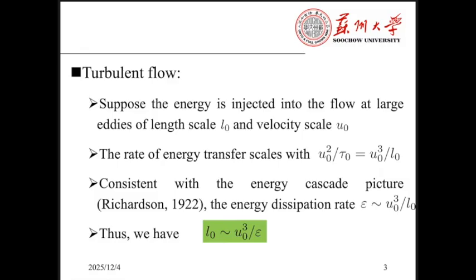So the energy transfer scales with U0 to the third power over L0. Consistent with the energy cascade picture proposed by Richardson, the energy dissipation rate epsilon scales with U0 to the third power over L0. Thus, we have the relation that the energy containing length scale L0 scales with U0 to the third power over epsilon.